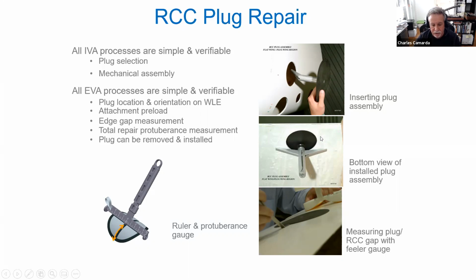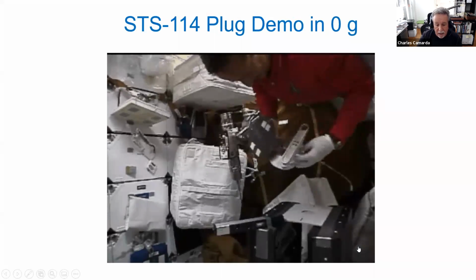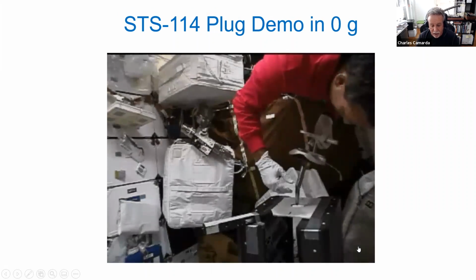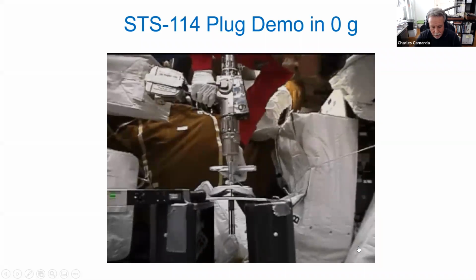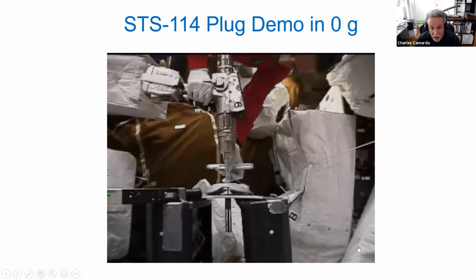And how secure is that patch, if an astronaut is actually going to put this on the vehicle in space? And then this is a video of me in space demonstrating this inside the cabin of the vehicle. And the next step would be to have an astronaut outside the vehicle demonstrating this repair technique.